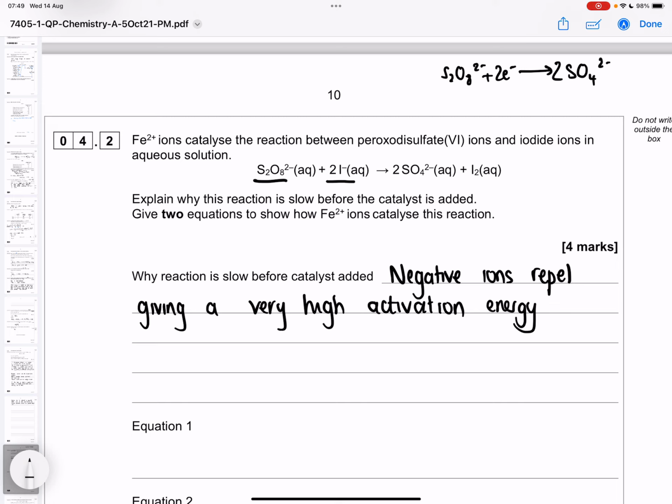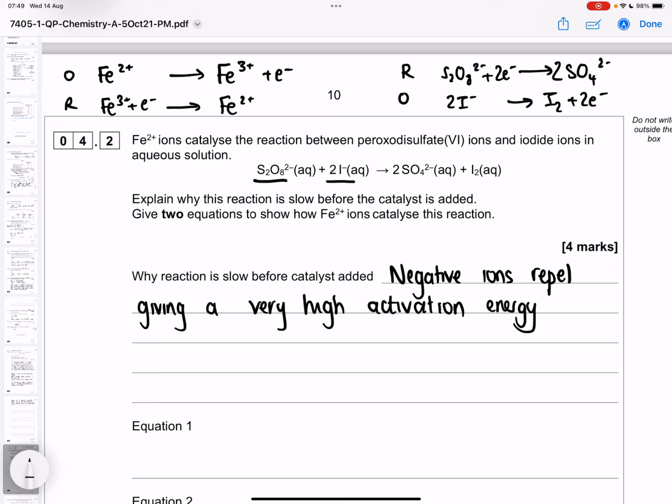So that is a reduction, which means that the 2 iodide ions going to iodine plus 2 electrons must be the oxidation. And we know what's happening with the Fe2+ is the Fe2+ is moving through its variable oxidation states. So Fe2+ goes to Fe3+ plus an electron. This would be oxidation, and then Fe3+ can go back to Fe2+ by reduction.